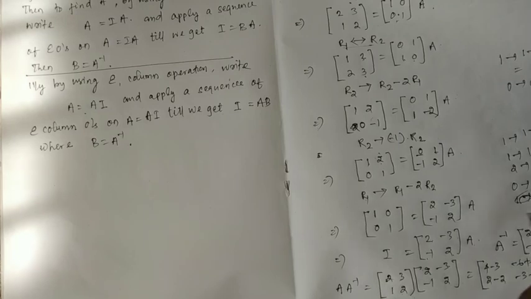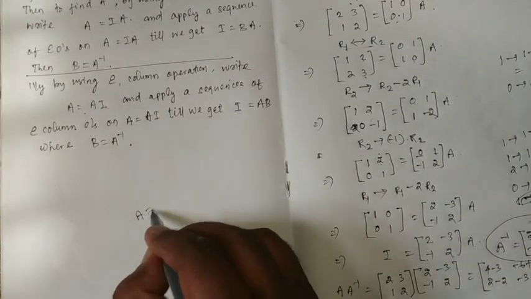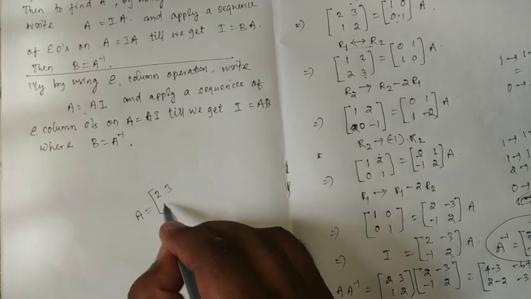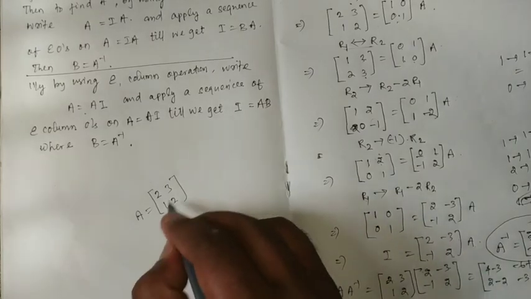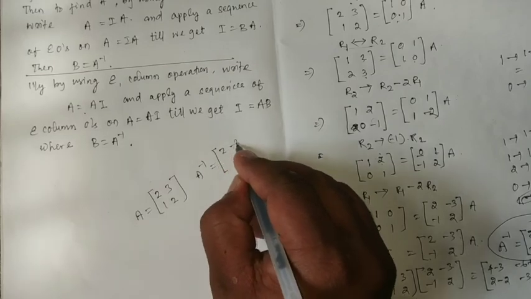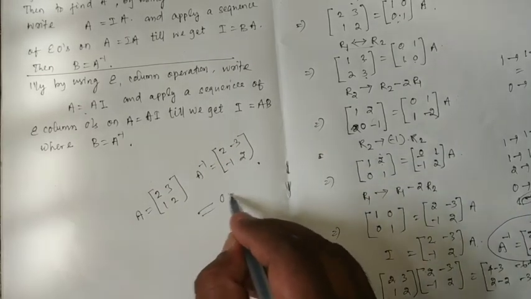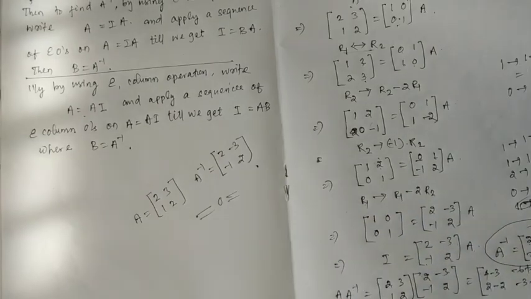So A inverse equals 2 minus 3 minus 1 2. Thus by using elementary row operations we can find the inverse of a matrix.